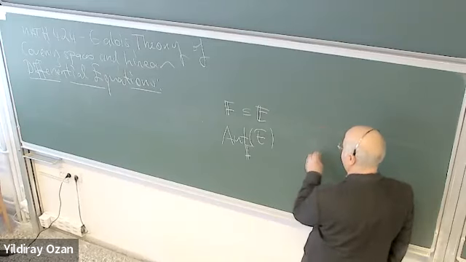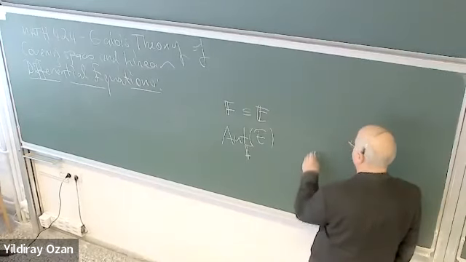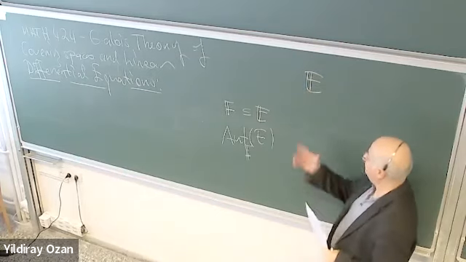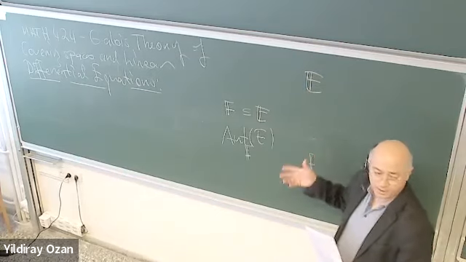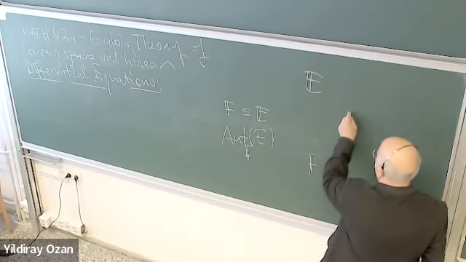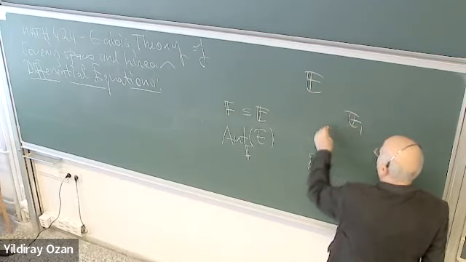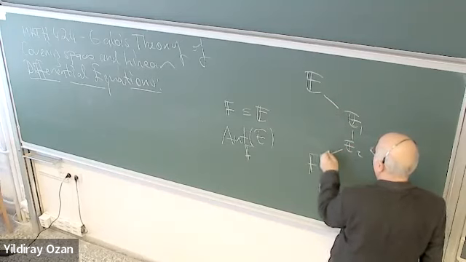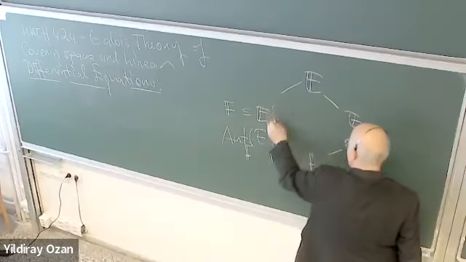What he did is the following. You have this field E, F and E here, and then in between those, there are lots of fields. Let's say E1, and then E2, and then, something like this.